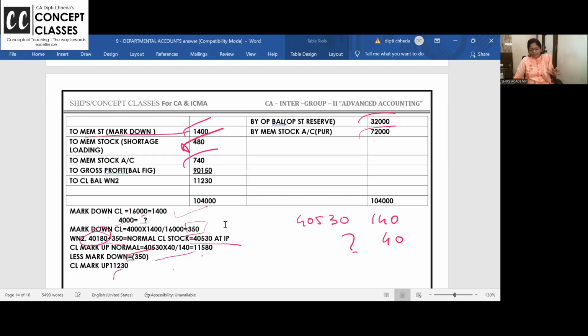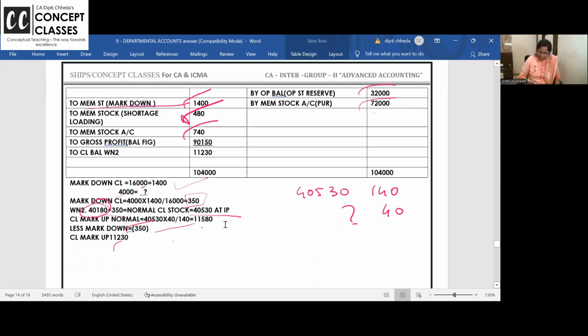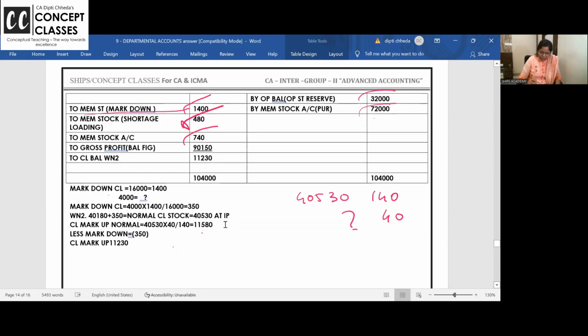I think this adjustment, if you want, I can explain 2-3 times. This is the only thing which students don't follow generally. फिर से एक बार, what is your normal closing stock? 4180 plus pending markdown 350. So my normal closing stock is 4530, into 40 by 140 के तो 11580 is my normal markup.